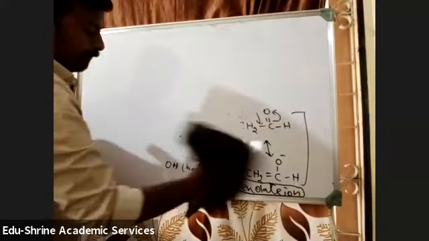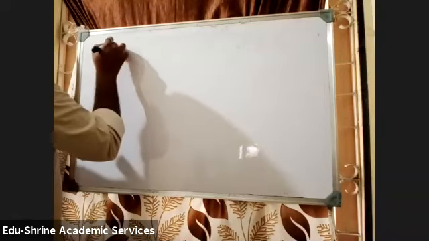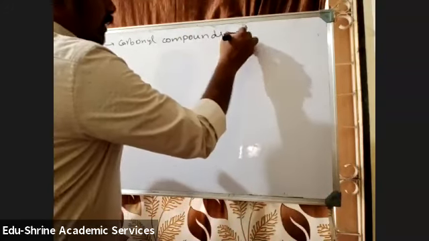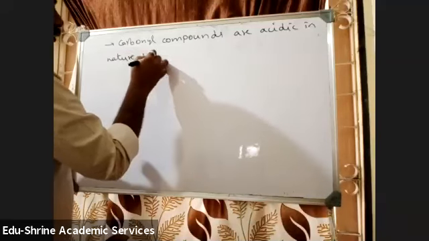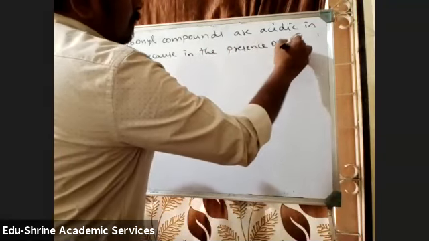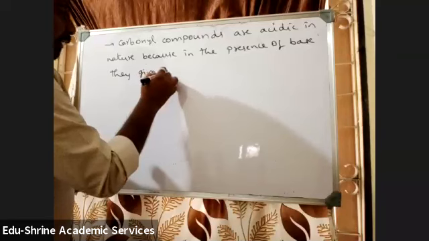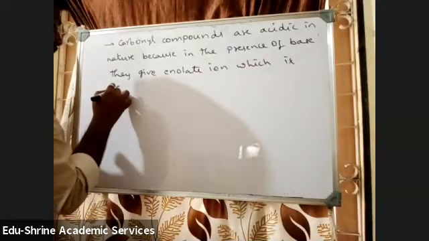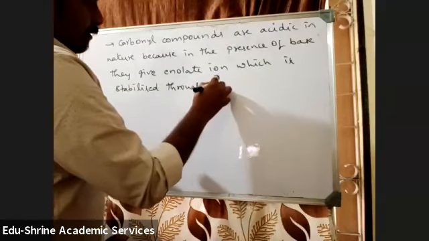You can write down one point here. Carbonyl compounds are acidic in nature because in the presence of base, they give enolate ion, which is stabilized through resonance.